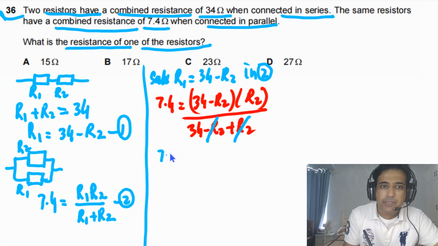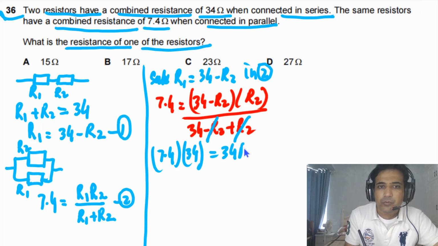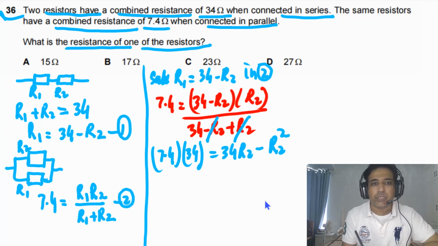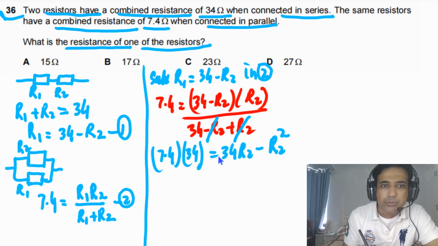So we will have 7.4 multiplied with 34, and here we will have 34 times R2 minus R2 square. So we can multiply both sides and rearrange.